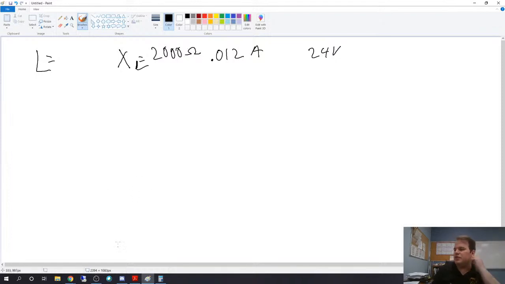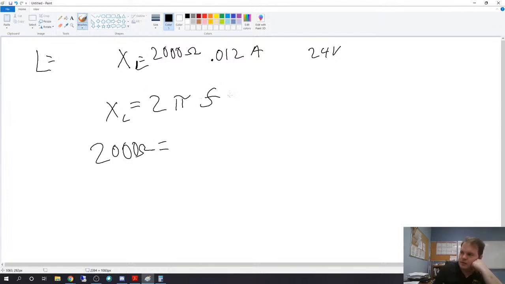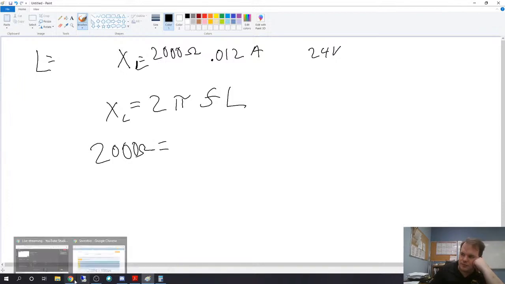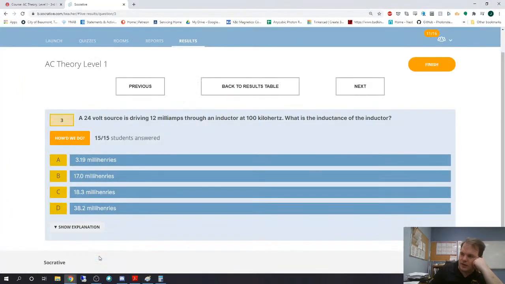Okay, so now we have 2,000 ohms. So we know 2,000 ohms is equal to X of L, which equals 2 pi F L. And we know F is 100,000.